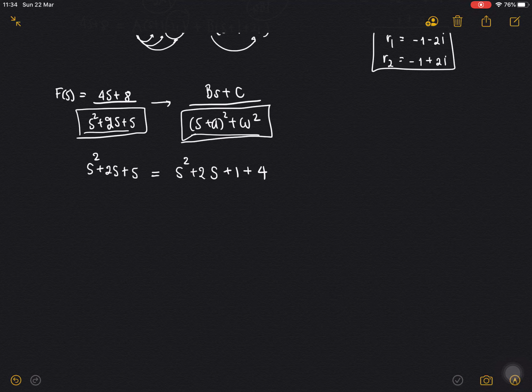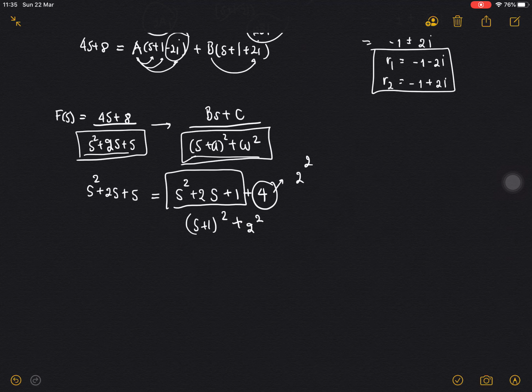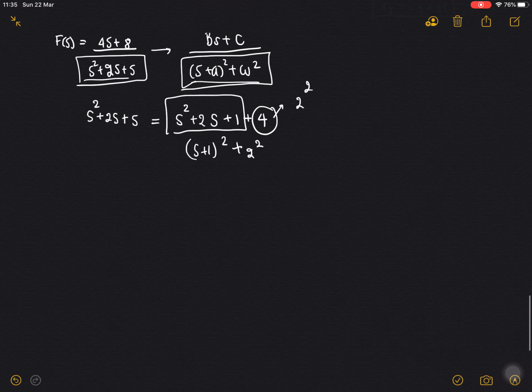So you will need an additional of two different constants. One is 1 and another one is 4. So this becomes the value of s plus 1 squared, and the value of 4 becomes 2 raised to the power of 2. Therefore, the angular frequency w here is equivalent to the value of 2.